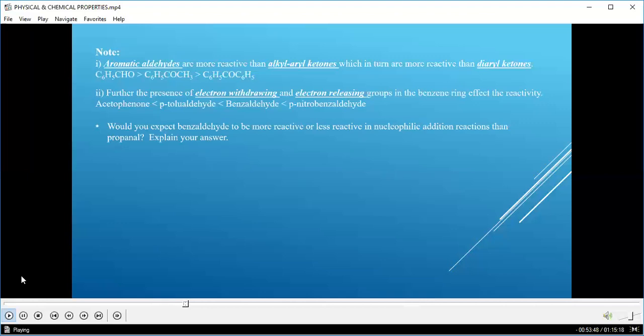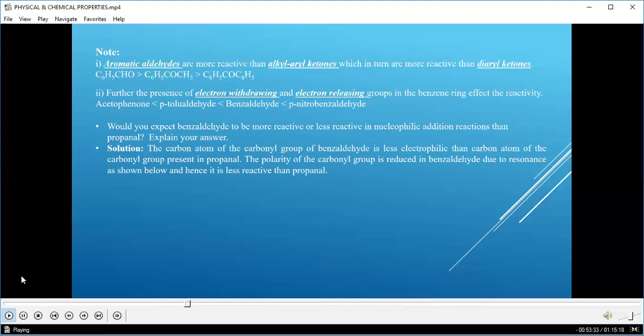Yes, you are absolutely correct, it is electron withdrawing. So para-nitrobenzaldehyde is more reactive than acetophenone. Now this question comes: would you expect benzaldehyde to be more reactive or less reactive? Of course, it is less reactive than propanal.